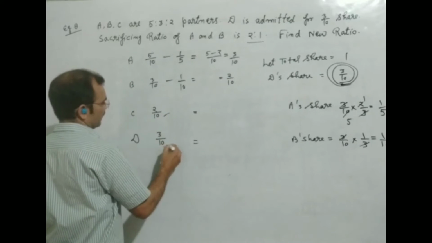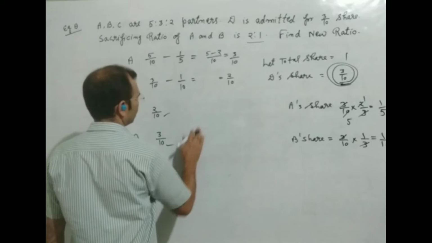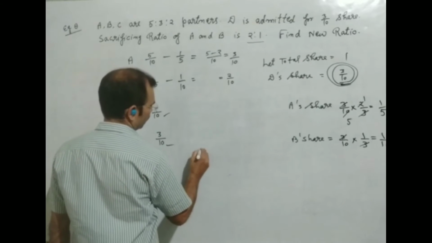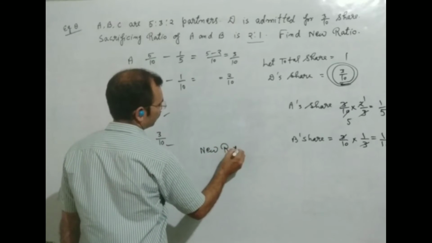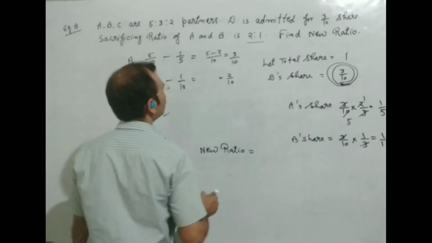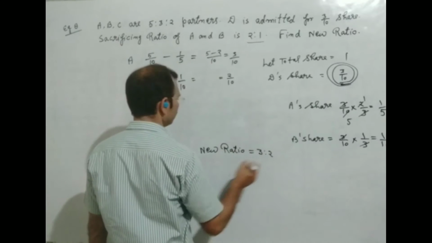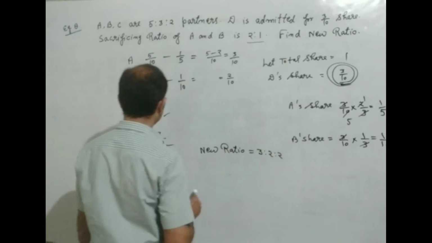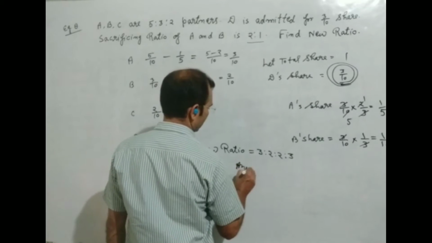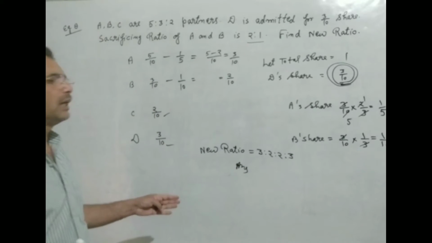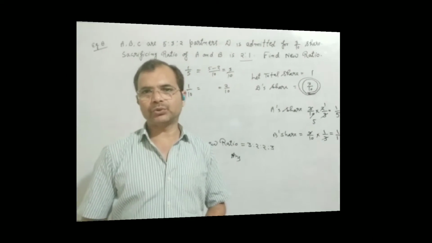These denominators are already equal, so we can write the new ratio. New ratio is equal to 3:2:2:3. In this way, we will solve this question, and now I am taking another type of situation.